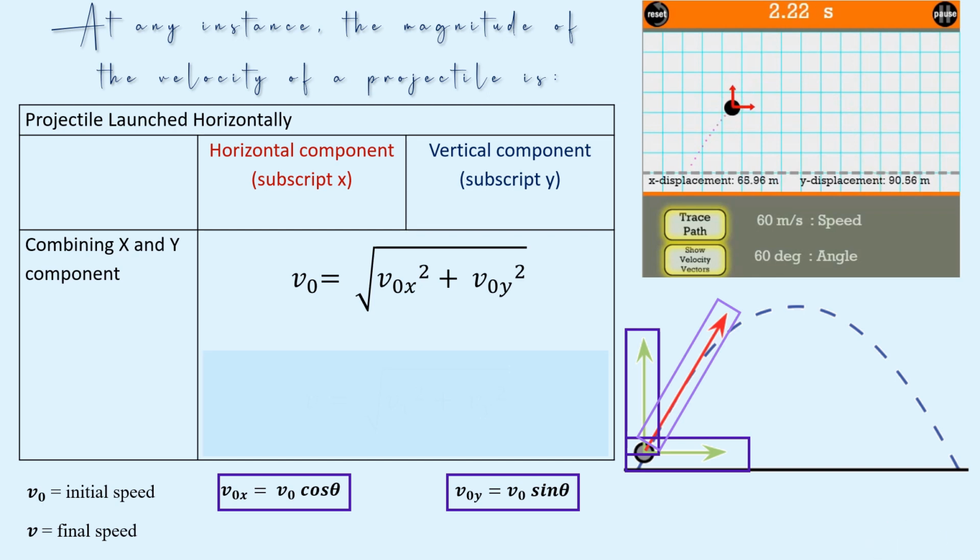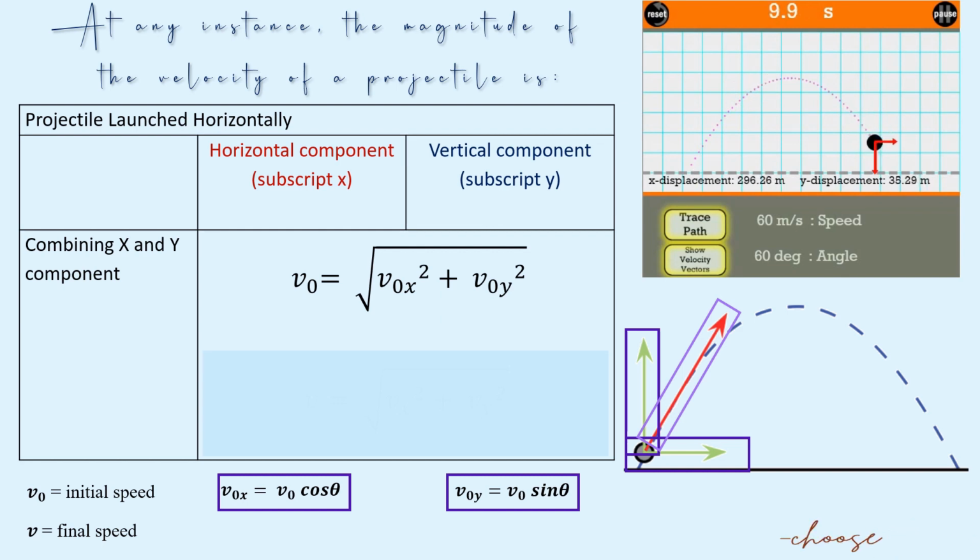So just substitute the given to the formula, so that will become V0 equals square root of 30 meters per second squared plus 52 meters per second squared. If you are to simplify that, the answer is actually 60 meters per second. So that is the initial speed of the projectile.